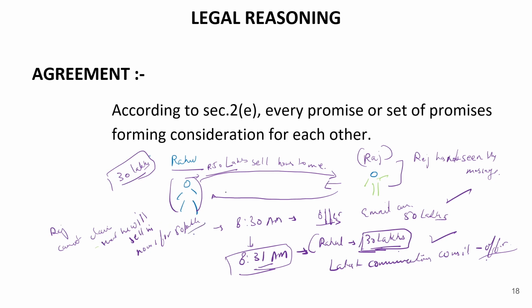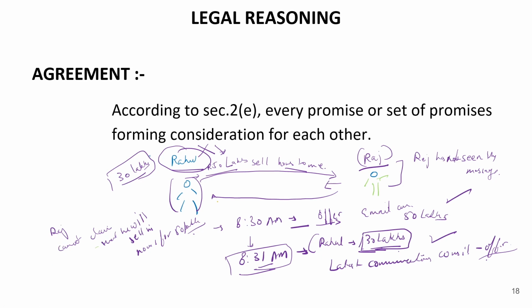Because at that point of time, Rahul was not obligated to pay rupees 50 lakhs to purchase the house of Raj. Although it was in the email box of Raj, Raj has not seen that mail so far. So it means that Rahul has not become obligated by his own offer.